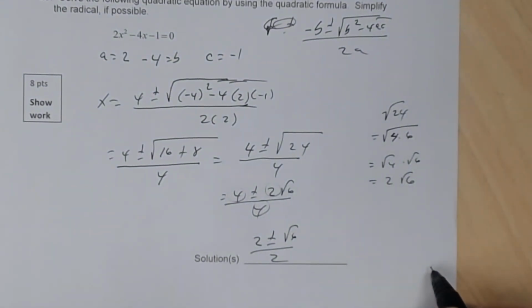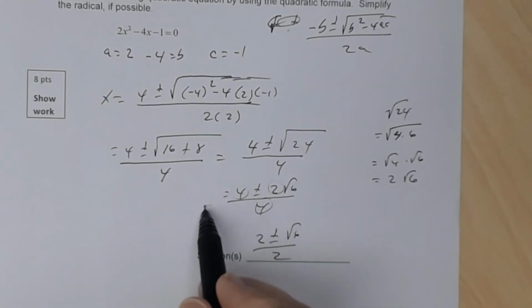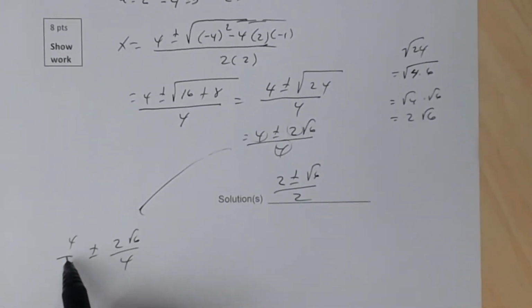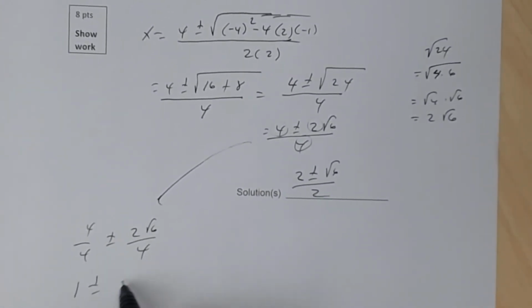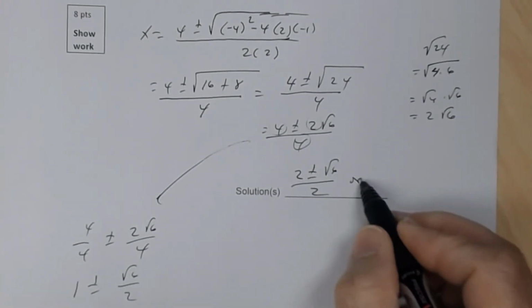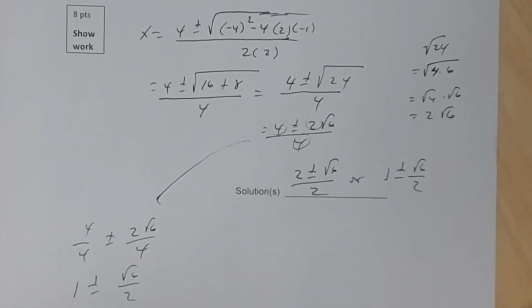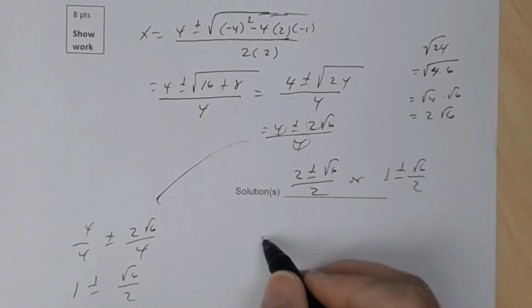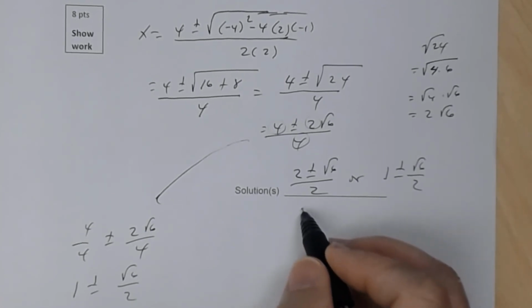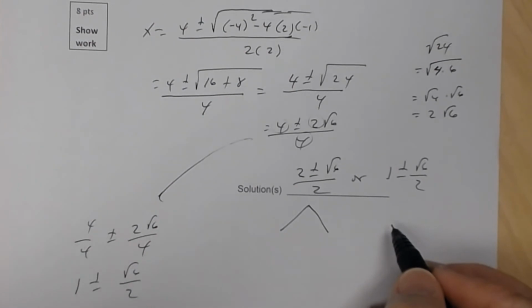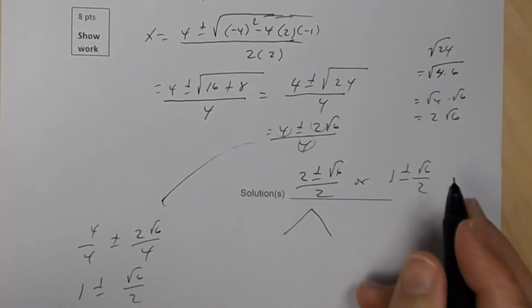All right? Now, you could have also had this point right here, say 4 divided by 4 plus or minus 2 square root of 6 divided by 4, and then reduce. So that would have been 1 plus or minus the square root of 6 over 2. All right, so either one of those is fine. You could have split it apart into two solutions.